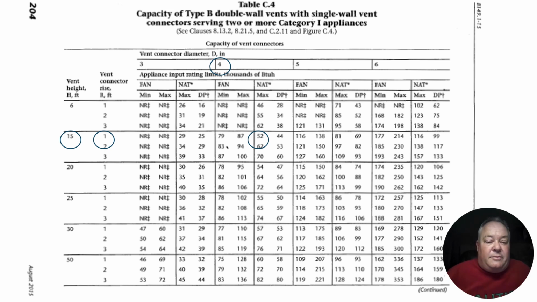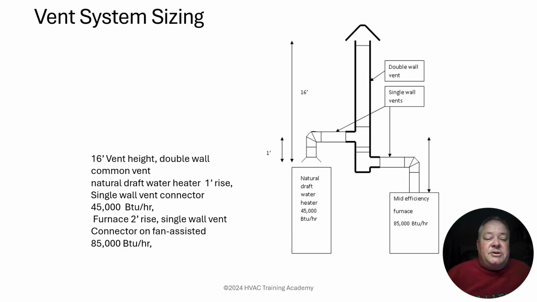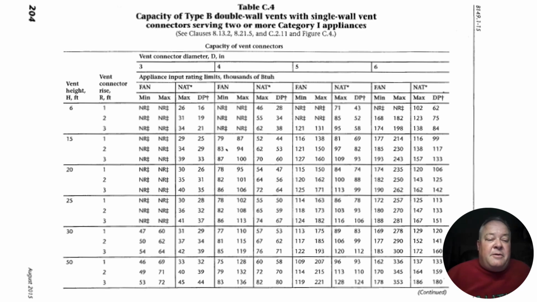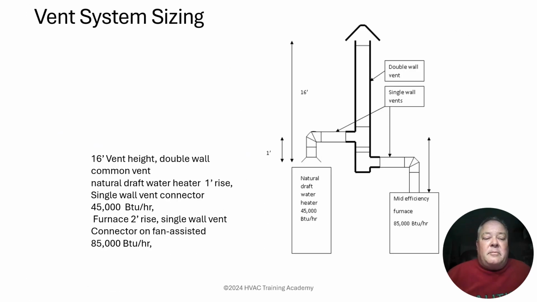What we're trying to show, going backwards a little bit, is that the 15-foot vent height as indicated, with a 1-foot vent connector rise to the water heater, had a capacity of 52,000, which was 4-inch. In this case, still 15 foot, we had a 2-foot vent connector rise for the fan assist, and as we indicated, 4-inch worked because we had an 85,000 BTU input. That's basically what we're indicating here.